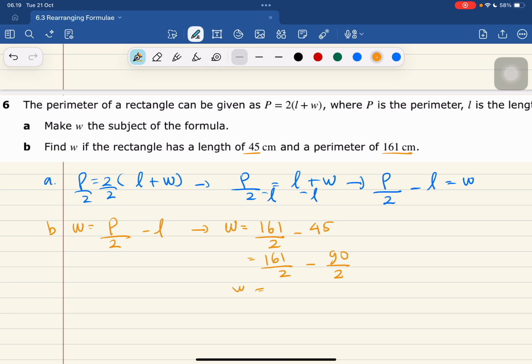So W is equal to 161 minus 90. It's going to be 71 divided by 2. So 71 divided by 2 is 35.5 centimeter.